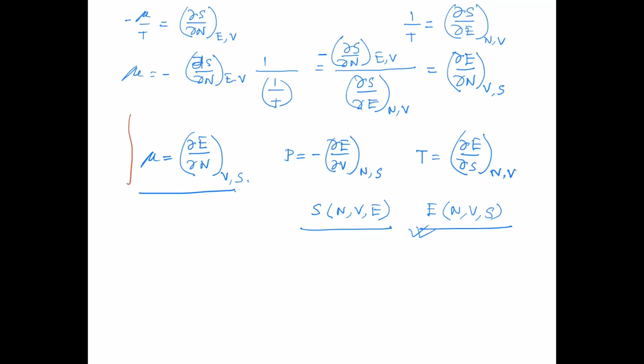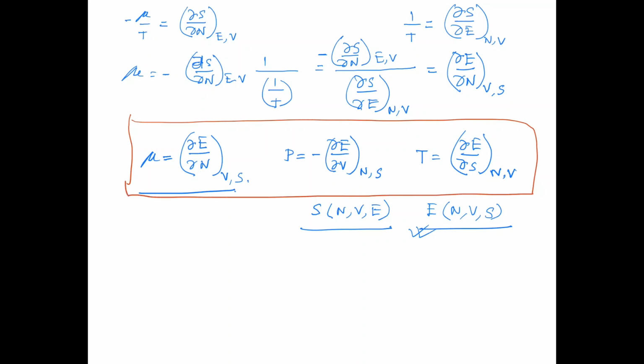Now these three relations, which we have found from statistical considerations, can be found from a thermodynamic relation also. If you write dE equal to TdS minus PdV plus mu dN, this thermodynamic relation will also give rise to these three equations.